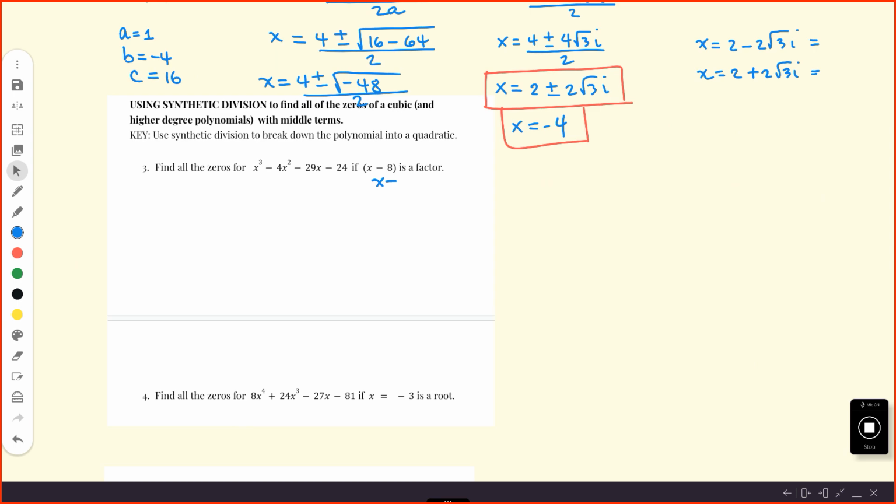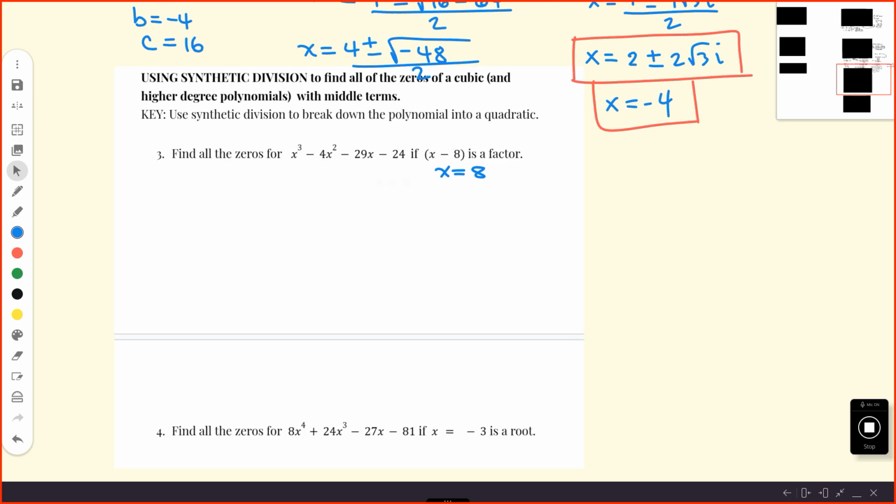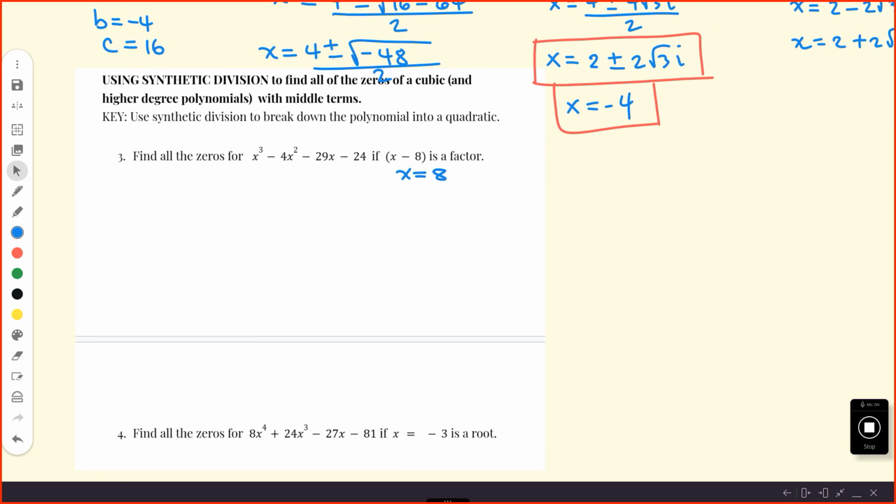So we're going to use 8 for synthetic division, and list down all the coefficients of the polynomial. That's your dividend: 1, negative 4, negative 29, negative 24. There's no missing term, so we don't need to put a 0.